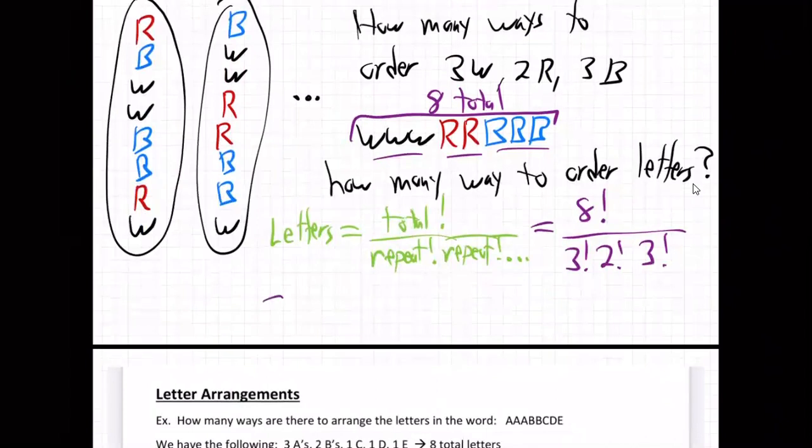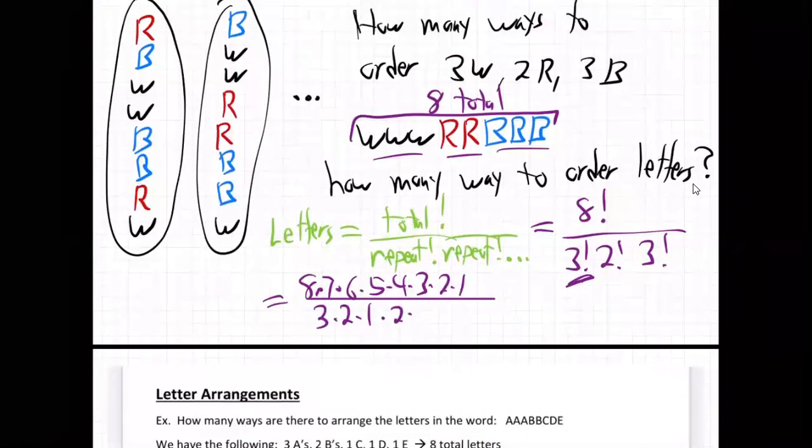So that will equal 8 times 7 times 6 times 5 times 4 times 3 times 2 times 1 over 3 times 2 times 1 for 3 factorial, 2 times 1 for 2 factorial, and 3 times 2 times 1 for the other 3 factorial.